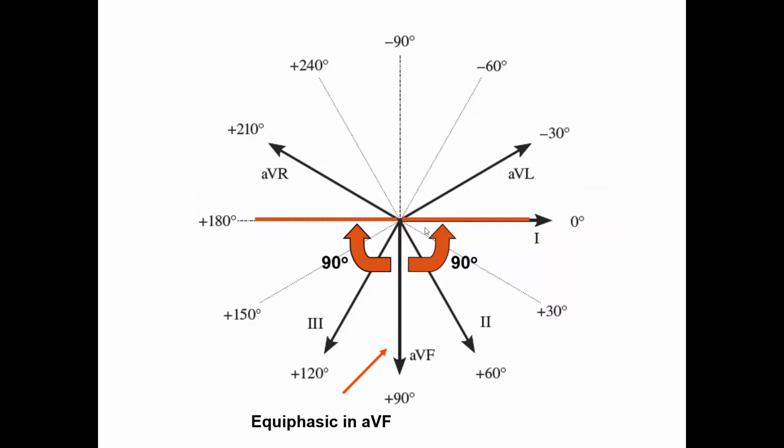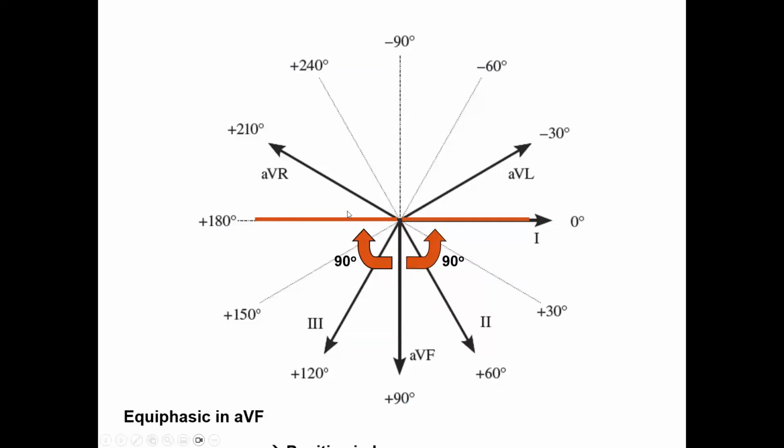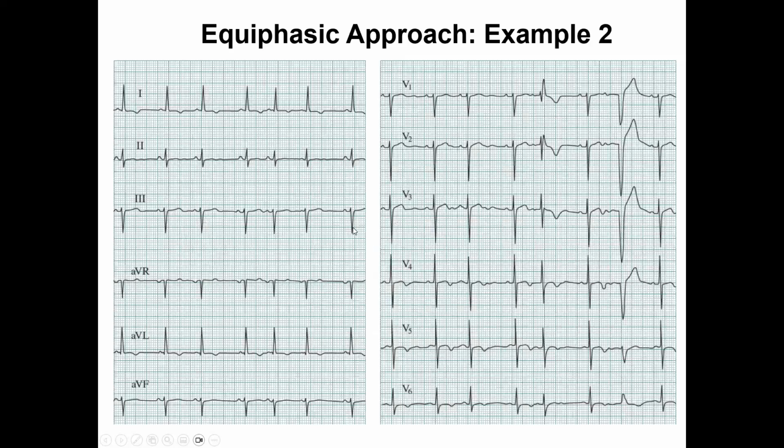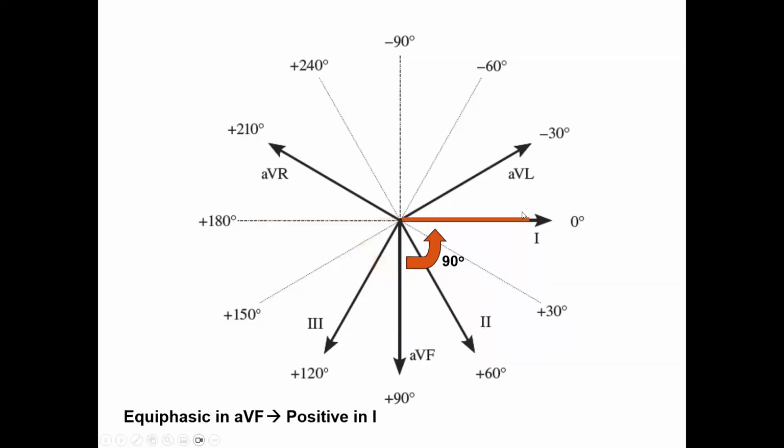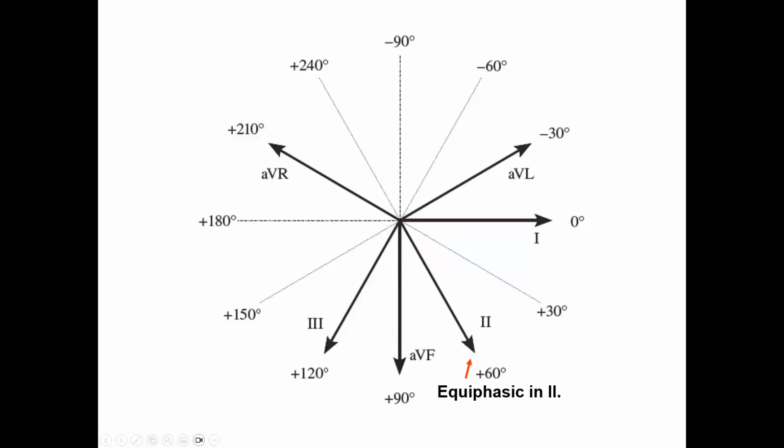Okay, so let's look at lead number 1. Lead number 1 is positive. So for sure, you are at 0. Because lead 1 was positive, you are on this side. Okay? Next one, which is equiphasic? Number 2. Good. What does it mean?